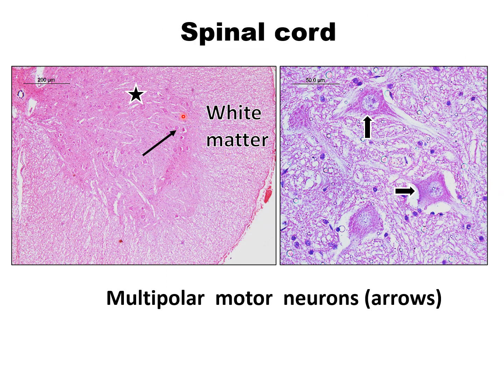This is the higher magnification of the ventral horn. The ventral horn of the spinal cord contains motor neurons. This is the ventral horn where you can see an arrow, and the bigger arrow shows the position of a neuron.